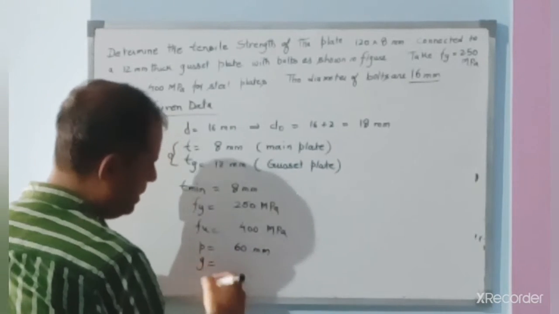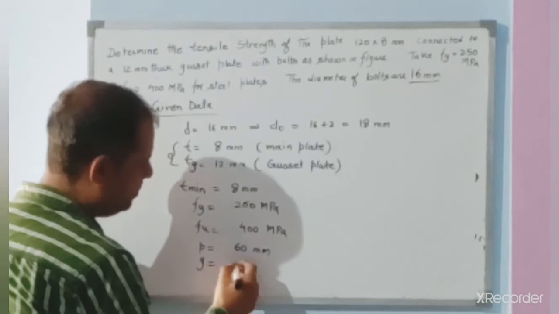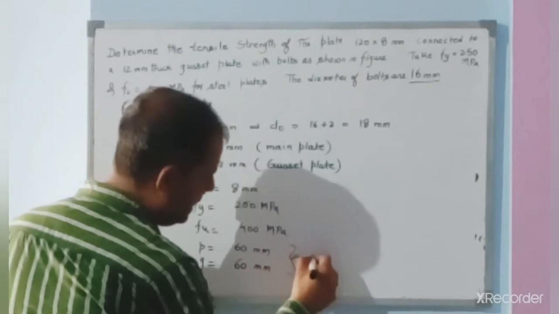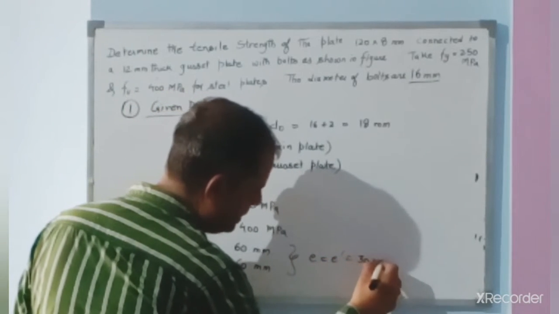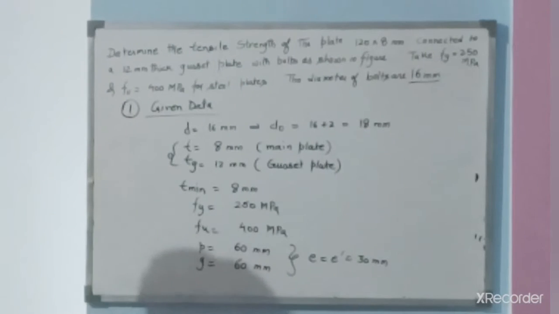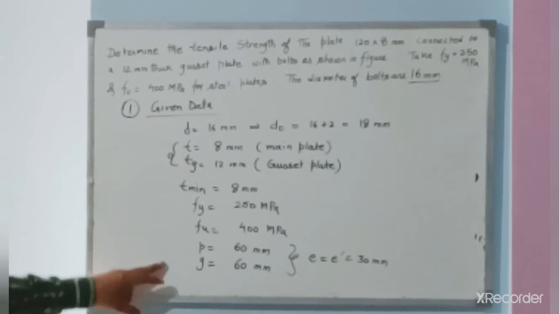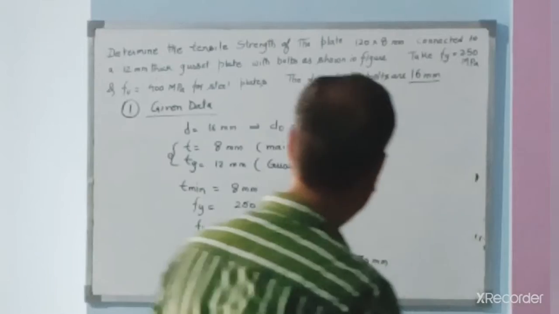Gauge, the distance between two consecutive fasteners in the direction perpendicular to the applied load, is also 60 mm. And the edge distance is given as 30 mm. So this is all the data we have taken from the question itself. Now our next step is to solve this question.